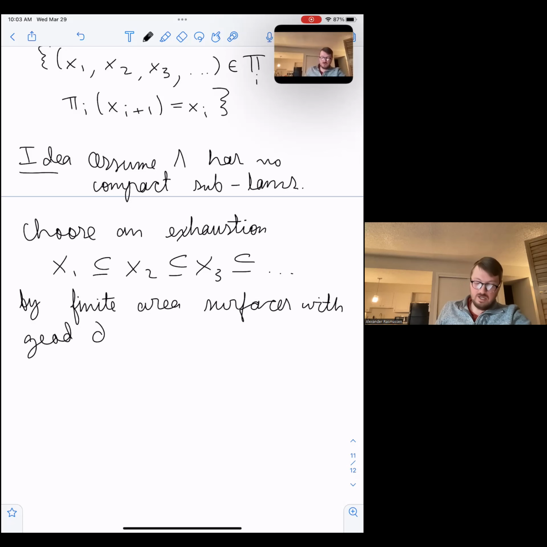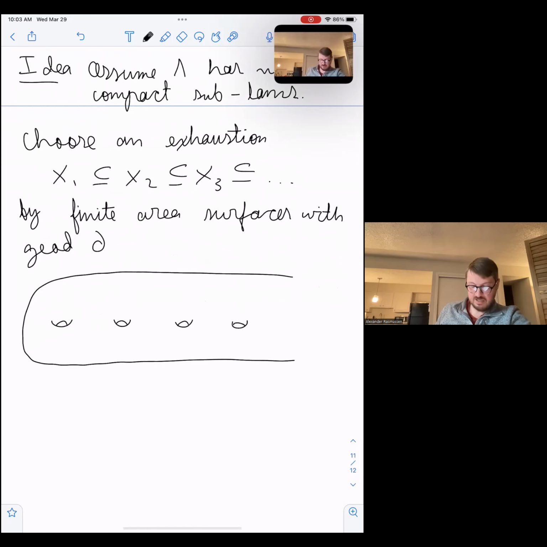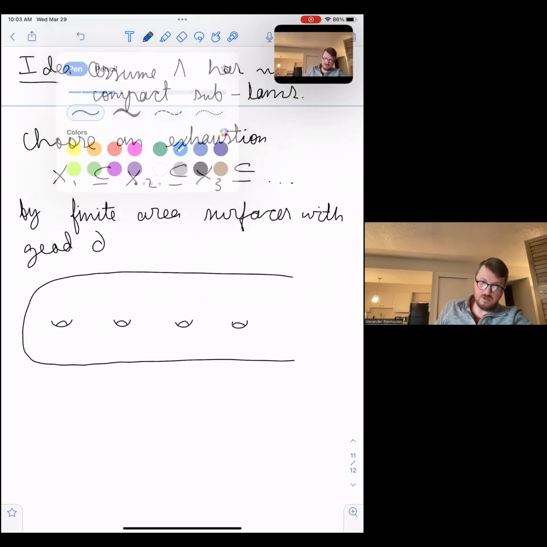So what does this look like? Let's take this infinite type surface that we saw earlier, infinite genus with a single end. So what does an exhaustion look like?